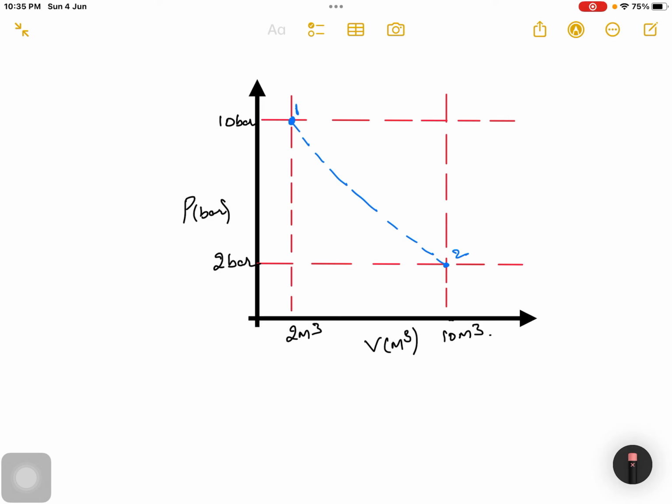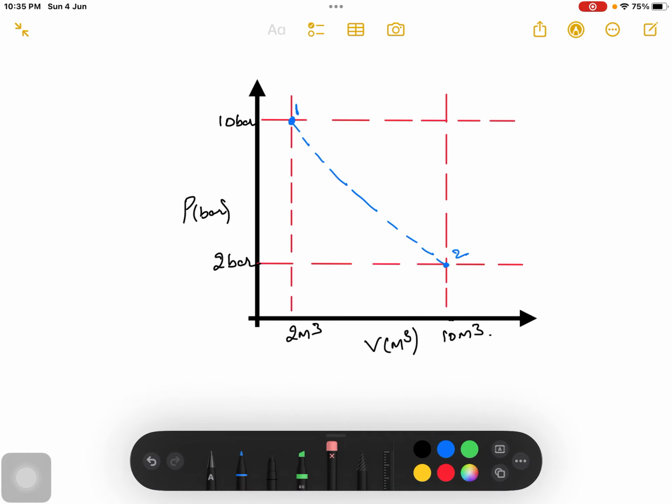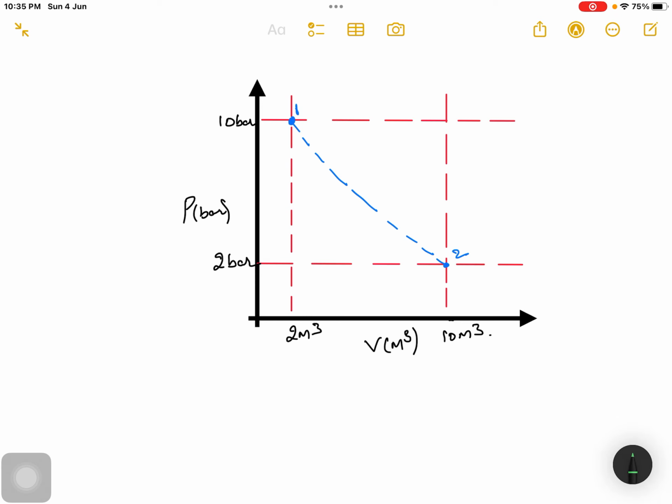So during a quasi-static process, the system passes through a number of equilibrium states. How? See here. When I remove one crystal, it comes here, and again removing one crystal, it comes here. When I remove again, it happens like this.